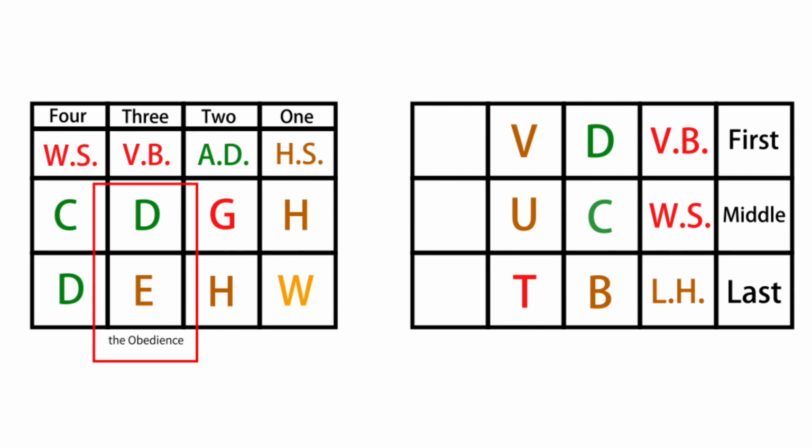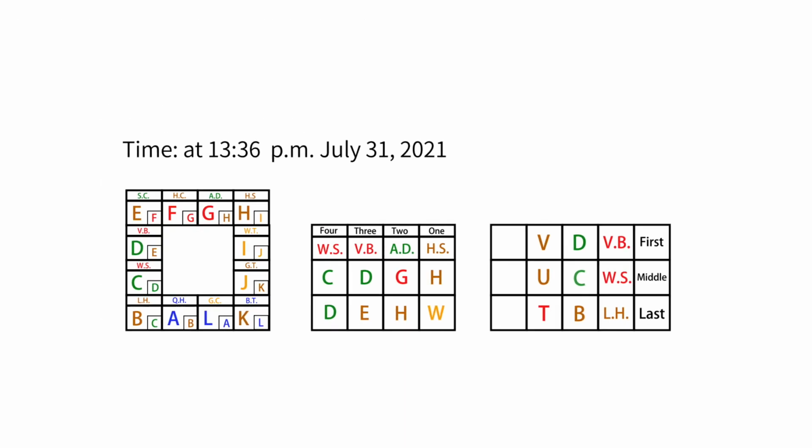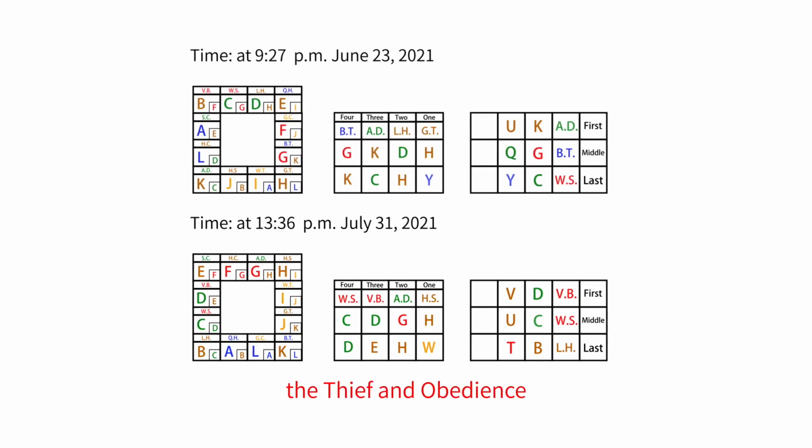We don't have to agree with their moral views. When you encounter this situation of three transmissions, the cause of the matter is basically provoked by the superior. The above is the first situation of the 9 situations of the 3 transmissions, the thief and obedience.